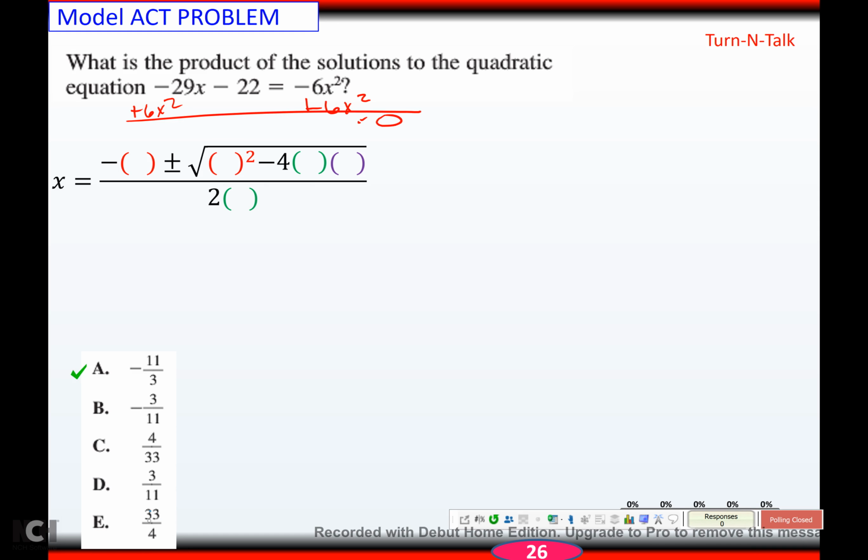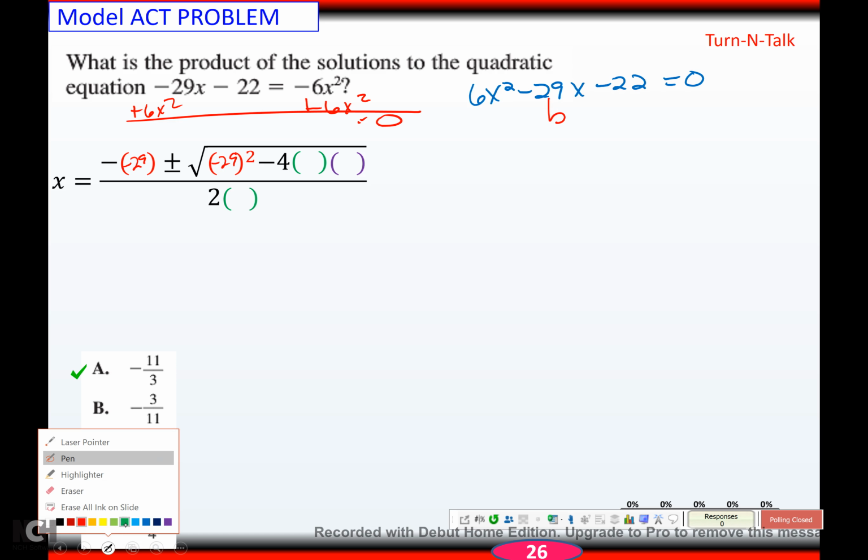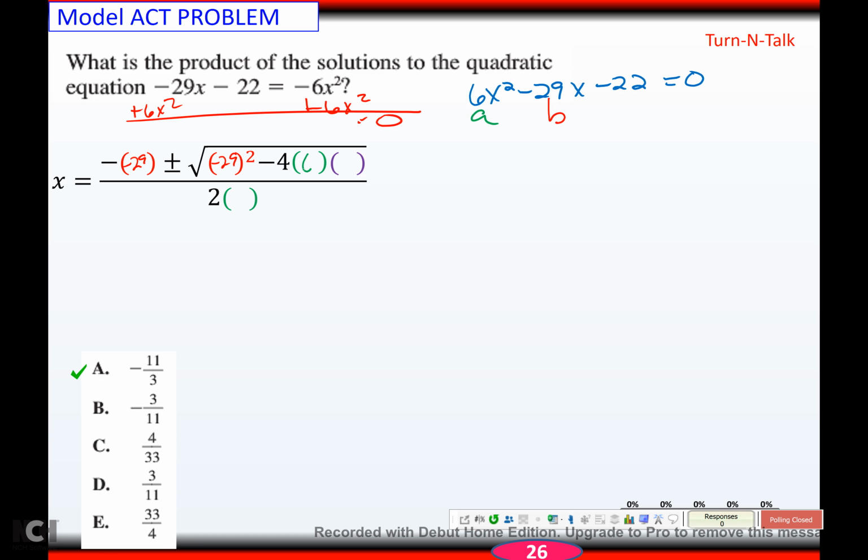And my function is 6x squared minus 29x minus 22 equals 0, which now tells me that b is negative 29, that a is 6, and that c is negative 22.